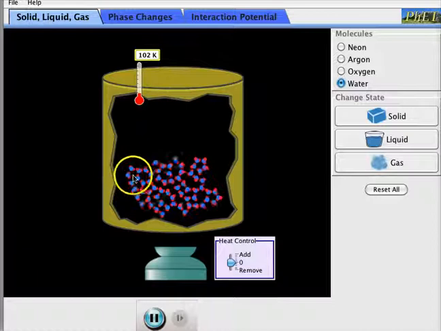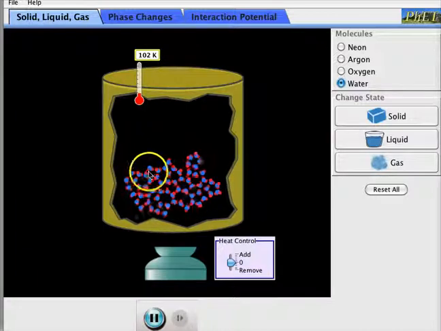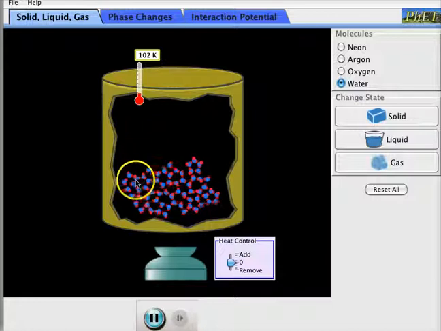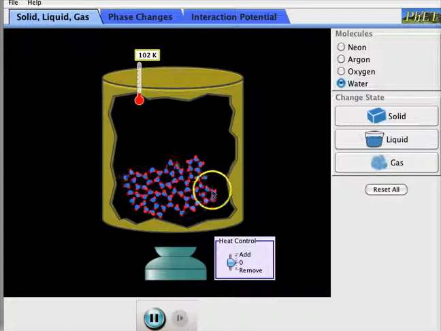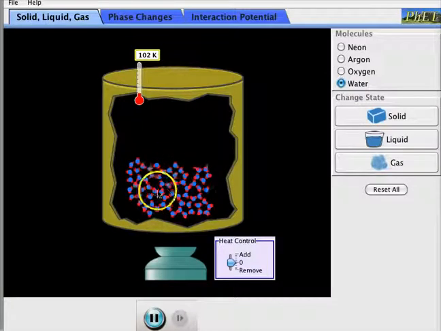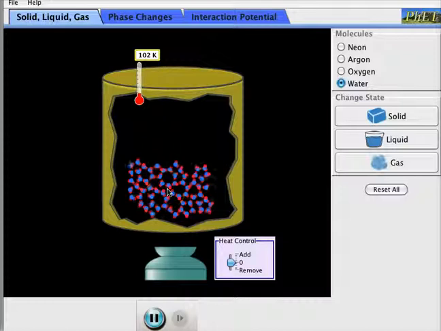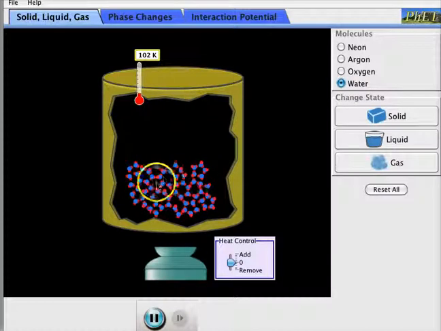They look like Mickey Mouse heads. H2O, the little red dots are hydrogens, and there's 2 of them per particle, and the blue one is oxygen. Now at the moment all these particles are arranged together, they're connected, they're not free to go wherever they want, so this phase must be solid.